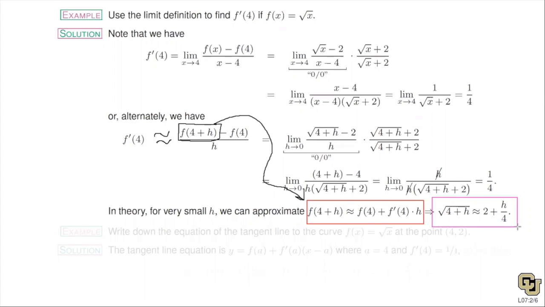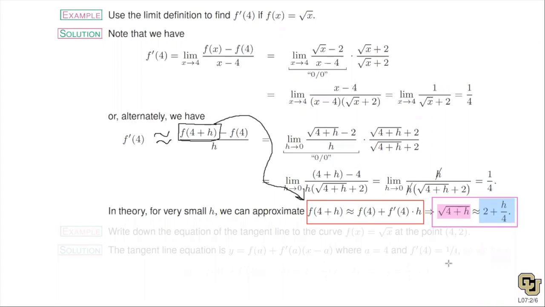So what's the big deal? The big deal is the expression on the left-hand side. This expression here, the positive square root of 4 plus h, that's a theoretical idea. That's a concept that we get, but I can't actually calculate anything. If you look at this expression on the right-hand side, this is an expression I can actually calculate. I don't need any machines or anything.